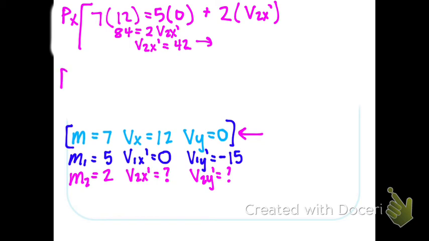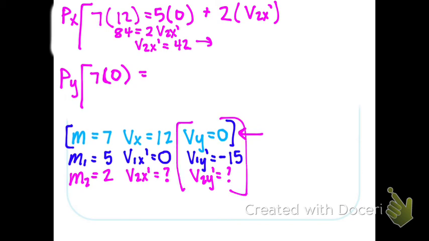Now let's look in the y direction. At the beginning, my entire object, is it moving in the y direction at all? No. So it's all got a 0 there. Now I'm looking at y components here. So my 5 kilogram object is moving negative 15. My 2 kilogram object, we don't know what's happening to it. So I'm going to do the math here to work it out. 15 times 5.